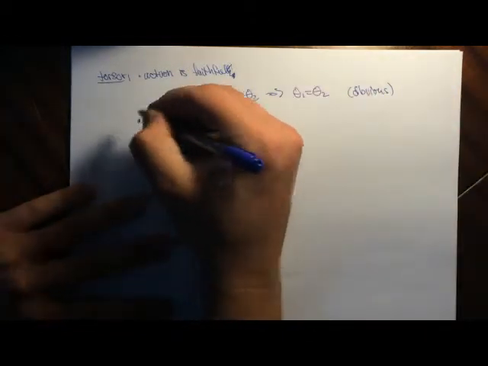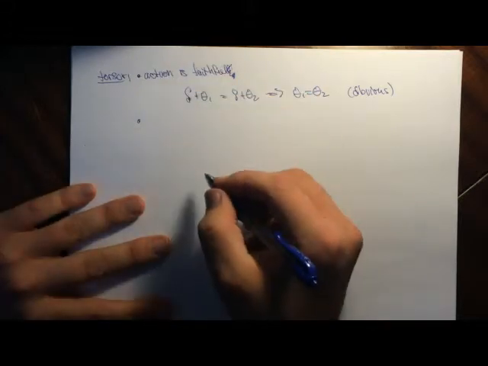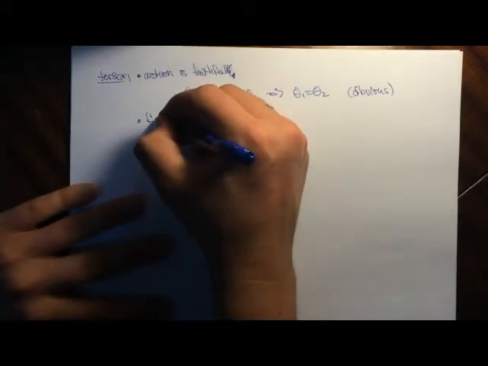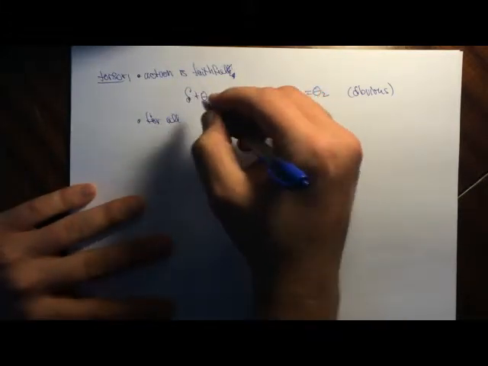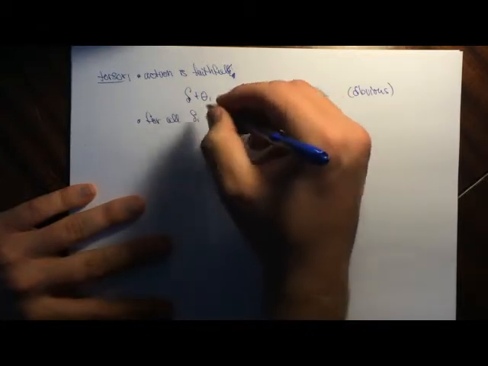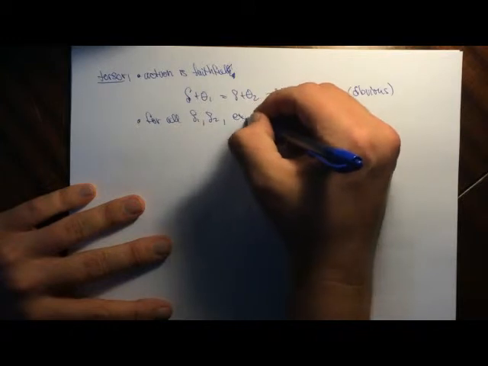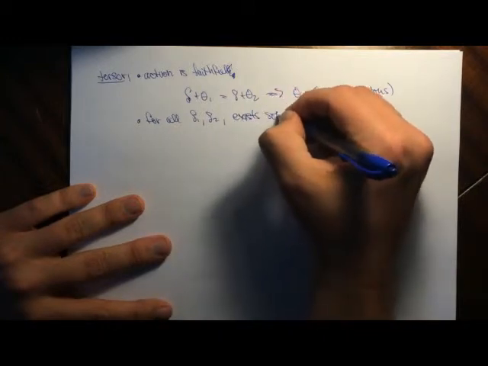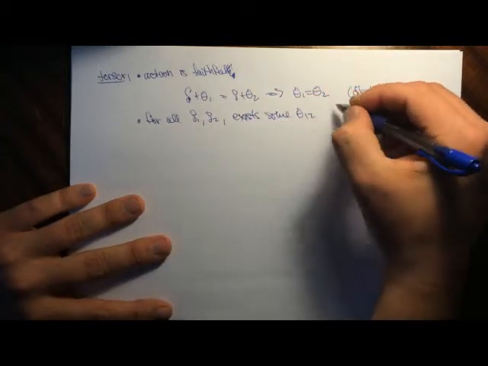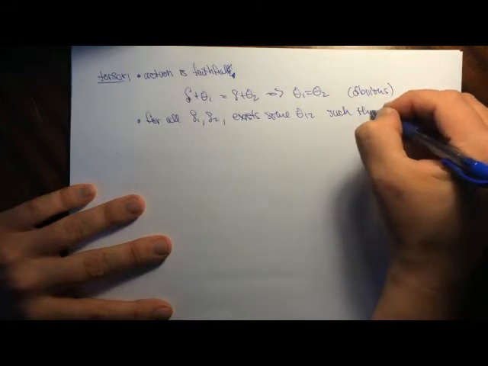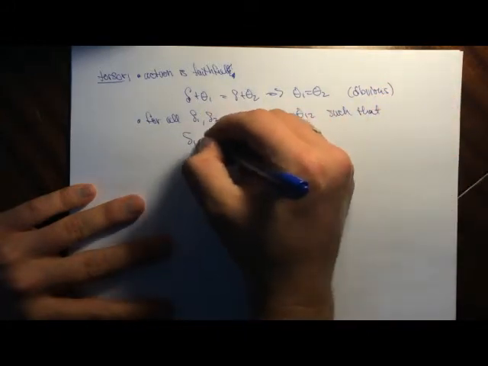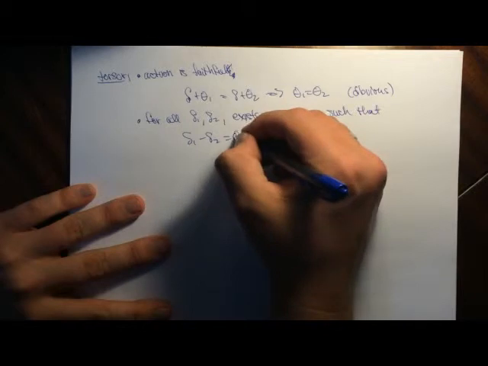And then the other one says that for all delta 1 and delta 2, there exists some theta 1, 2, such that delta 1 minus delta 2 is equal to theta 1, 2.